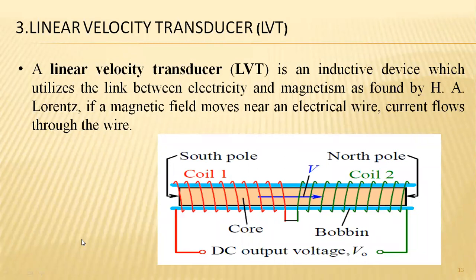Here, if the magnetic field is moving near an electrical wire, which has a range of coil winding 1 and coil winding 2, and the core is mounted with respect to the wiring, it specifies the magnetic polarities, the north pole and the south pole.